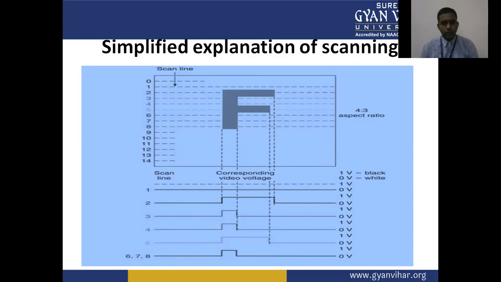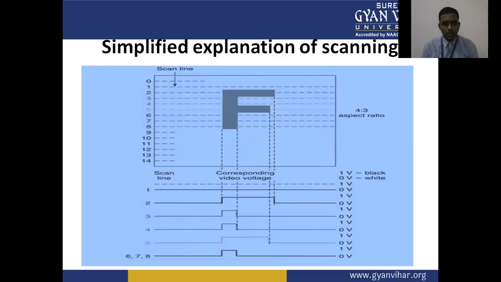In the case of the second line, you can understand that 1 volt is for the gray part and 0 volt for the white part. A particular level of voltage 1 is shown in the figure. Similarly, we go further.